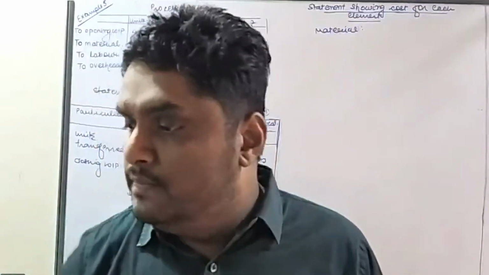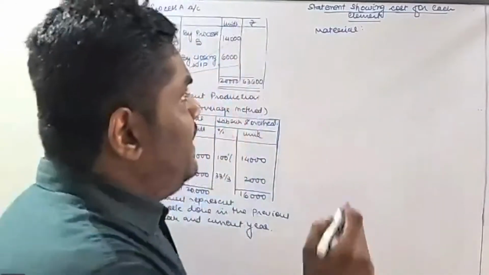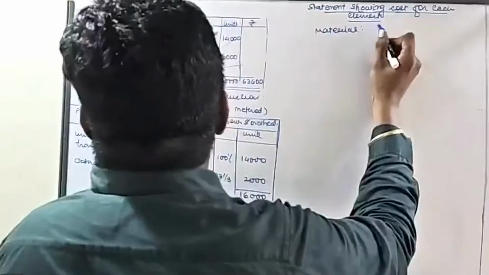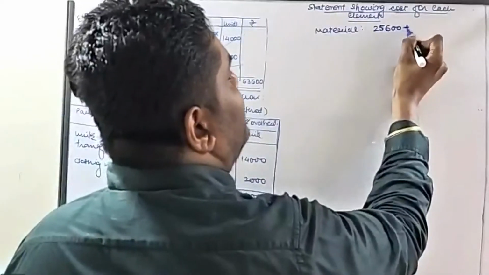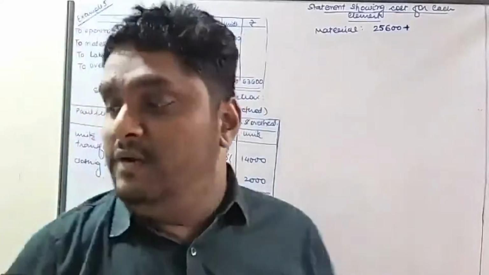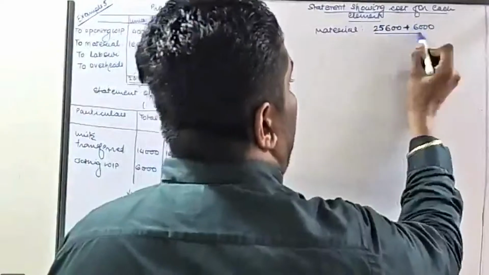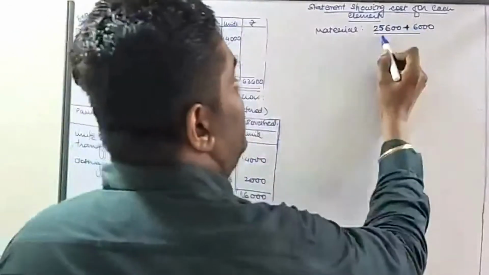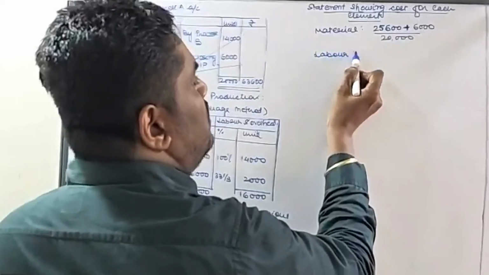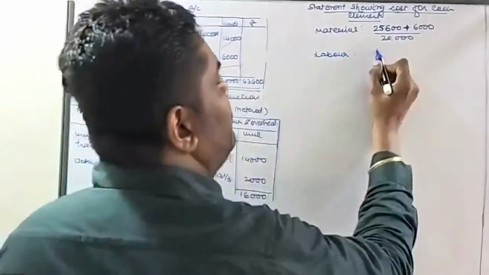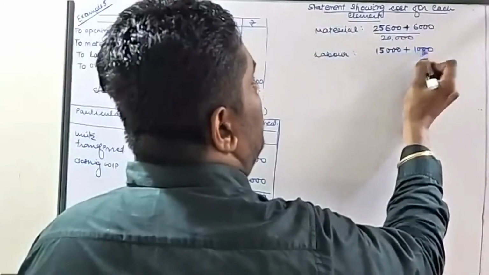So herein, when talking about material, the current year cost is 25,600 and the previous year cost is how much in respect of material? It is 6,000. Whole divided by 20,000. When talking about labor also, again the current year cost is 15,000 plus 1,000.